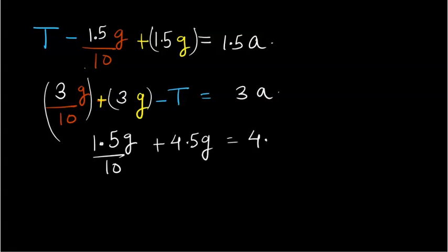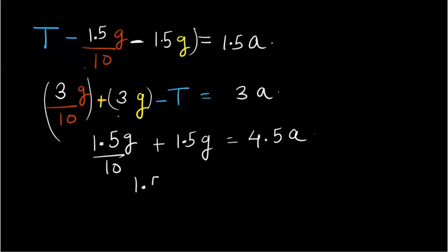So this is equal to 4.5 times a. Sorry, this is minus, by the way, not plus. So if I add this again I will get 3g minus 1.5g, which is 1.5g.